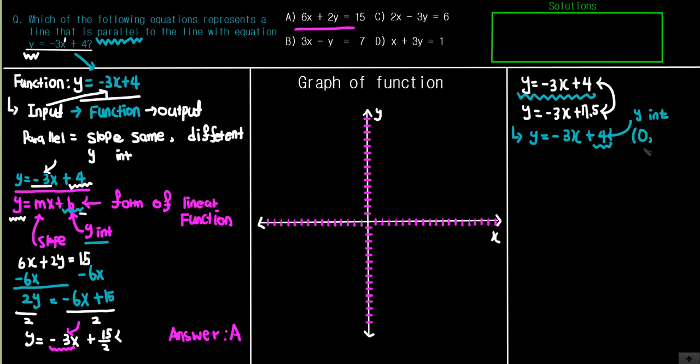When the x value is 0, the y value, which is the output of our function, is going to be 4. So we know the point 0, 4, and we can graph it. When the x value is 0, the y value is 4 right over here. So this is the coordinate 0, 4.